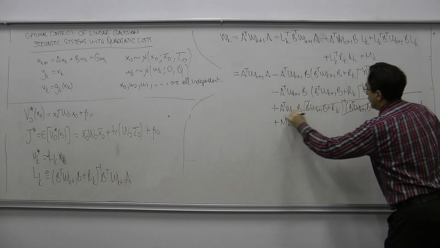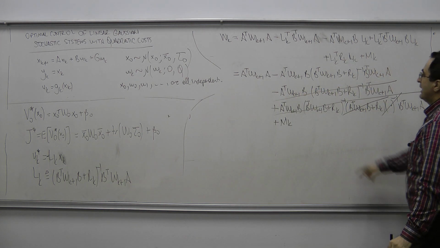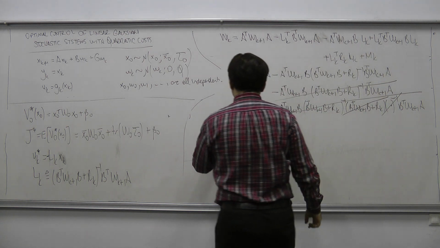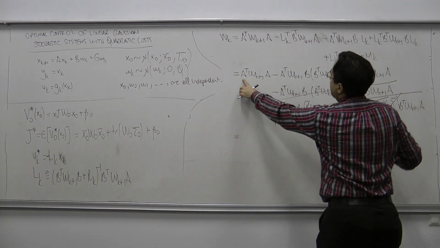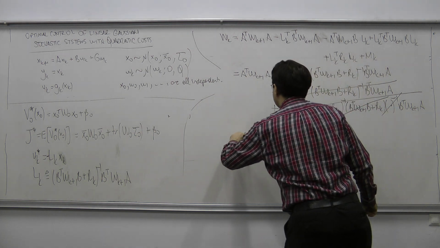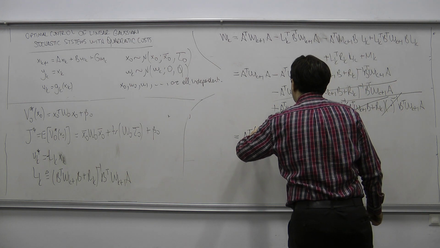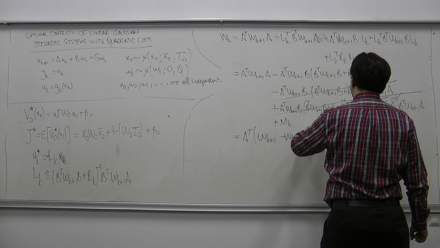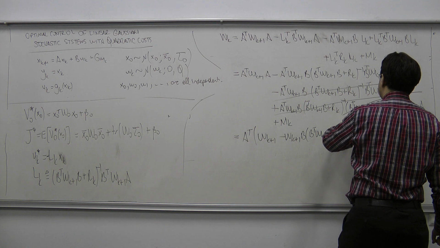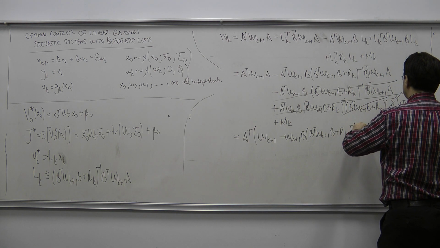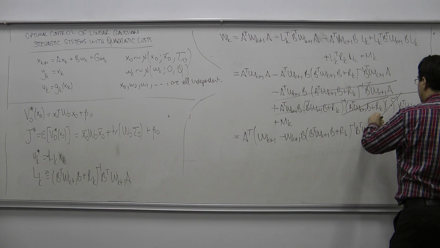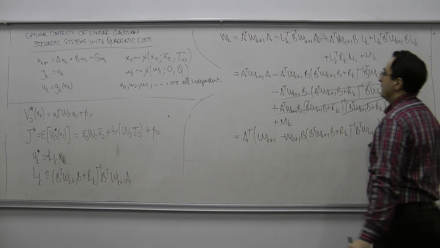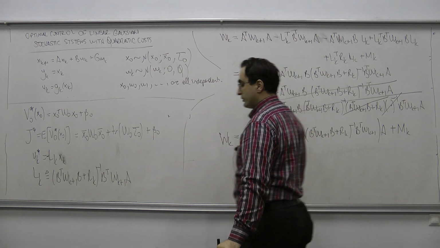One of these terms is cancelling this one, and I end up just with this term and the final term, which is very neat. So I would have the right hand side here. I can take A transpose parentheses A transpose, and I would have W_{K+1} minus W_{K+1} B transpose W_{K+1} B plus R_K inverse times B transpose W_{K+1}, and I can close the parentheses times A plus M_K. And this is nothing but my W_K.